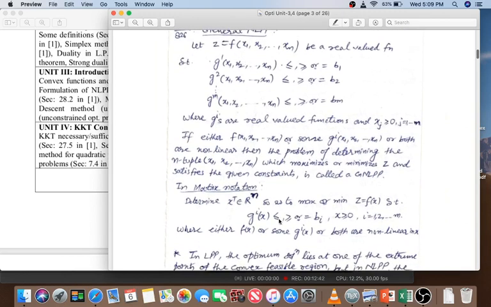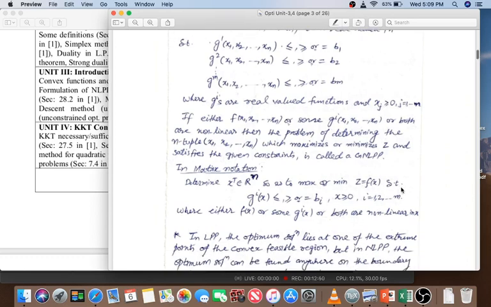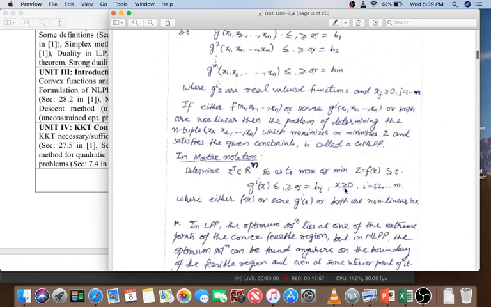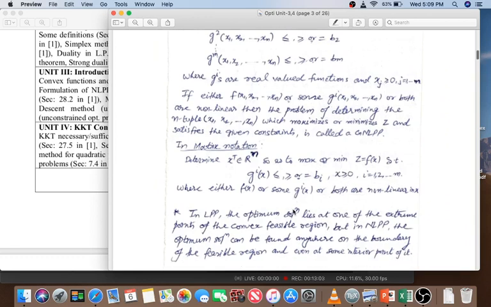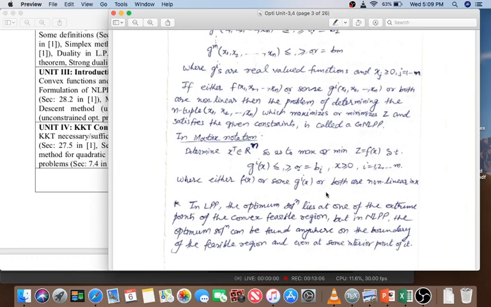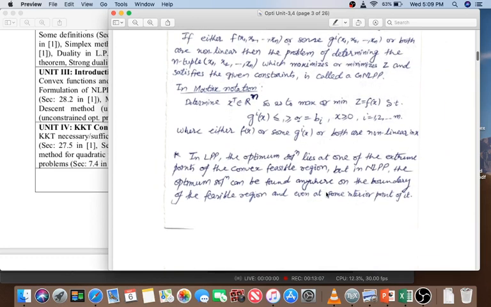Determine x transpose belongs to Rn, because you have n-tuples, so as to maximize or minimize z is equal to f(x) subject to the constraints gi(x) greater than or equal to, less than or equal to bi, where all x greater than or equal to 0, satisfying the feasibility condition, and i is running from 1 to m, and either f(x) or gi(x) or both are non-linear functions.